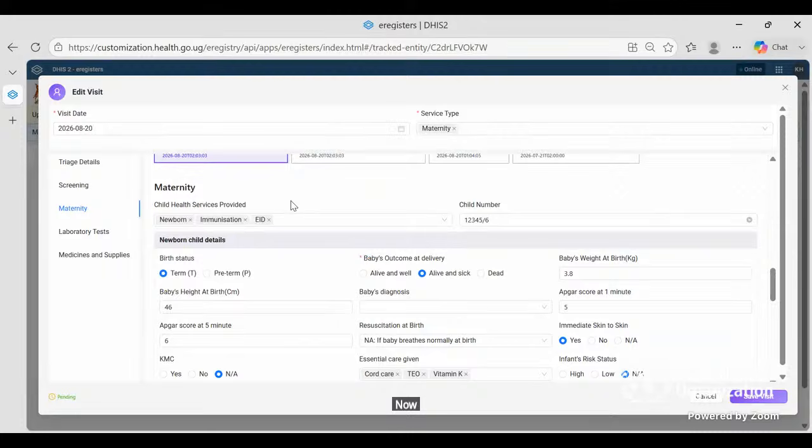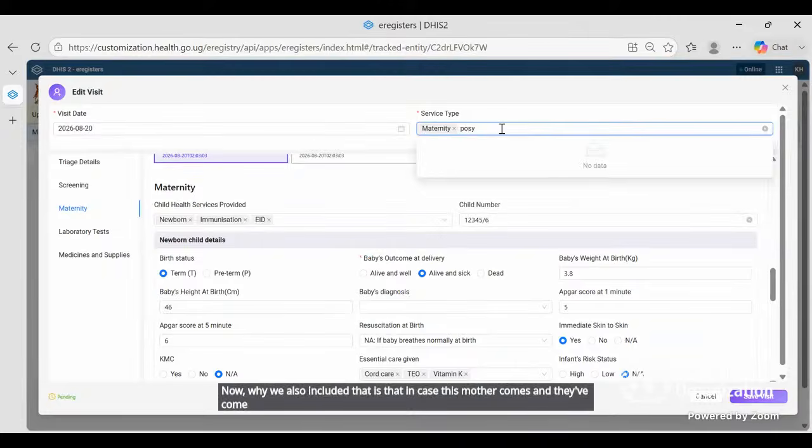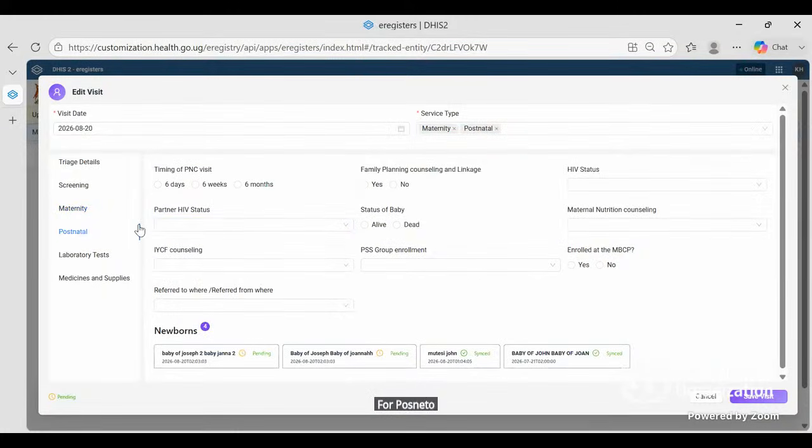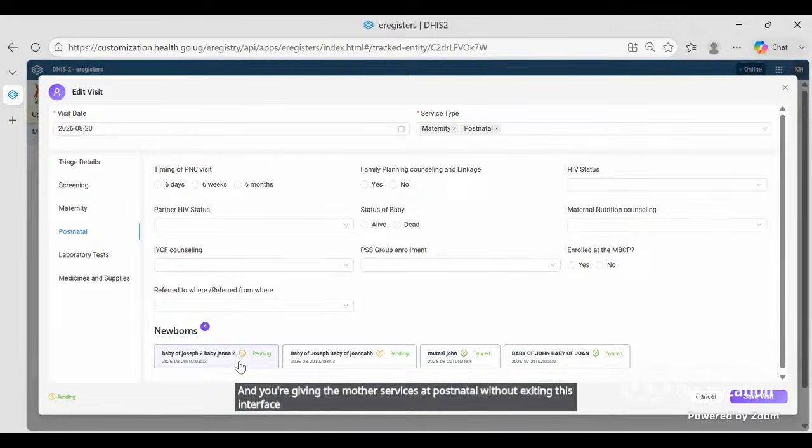Now, why we also included that is that in case this mother comes and they've come for postnatal, and you're giving the mother services at postnatal, without exiting this interface, you're also able to give the child the services that you give them when they come with the mother at postnatal.